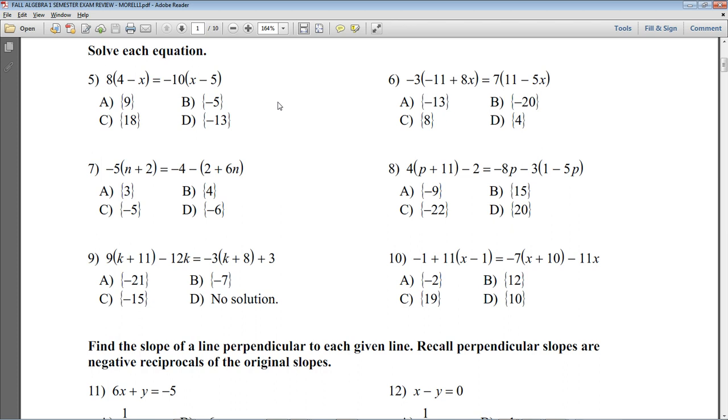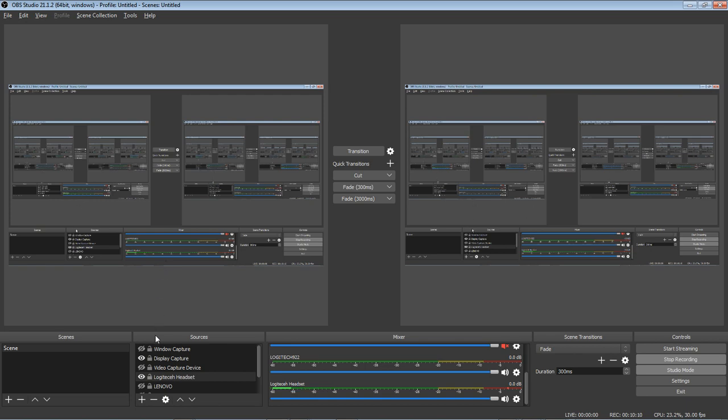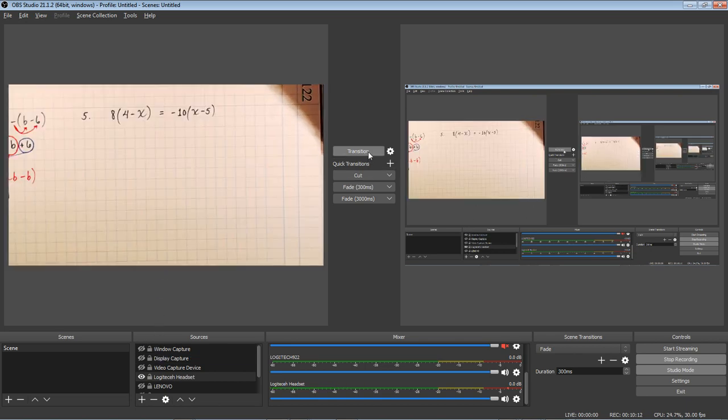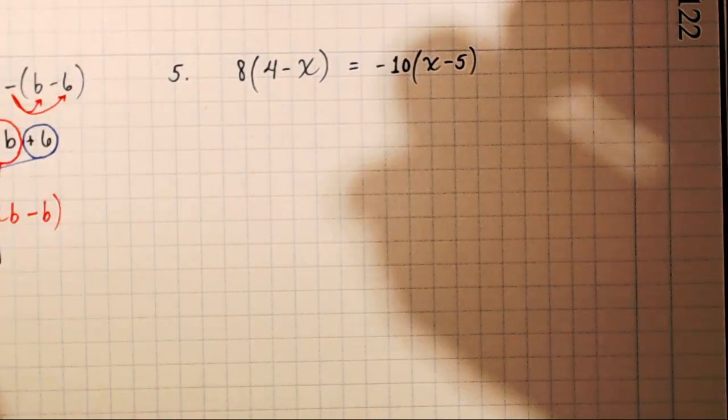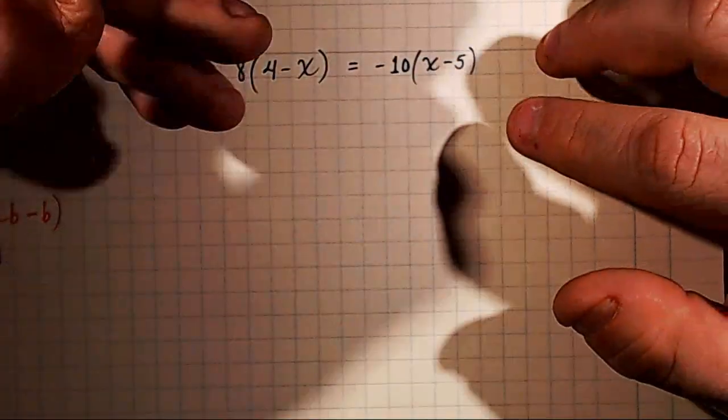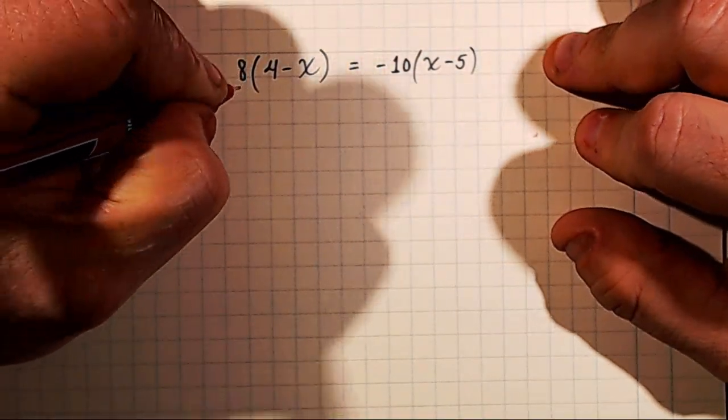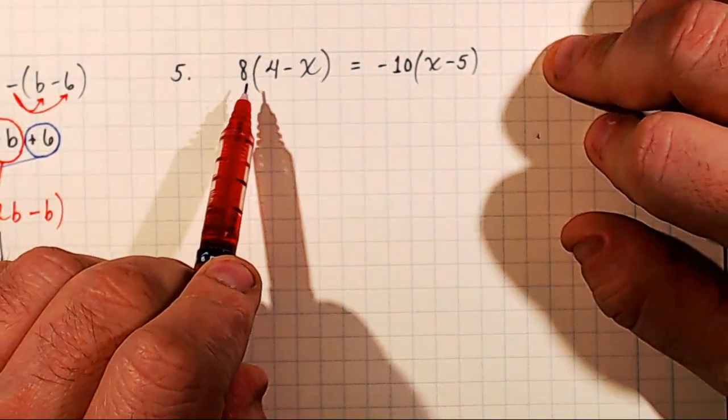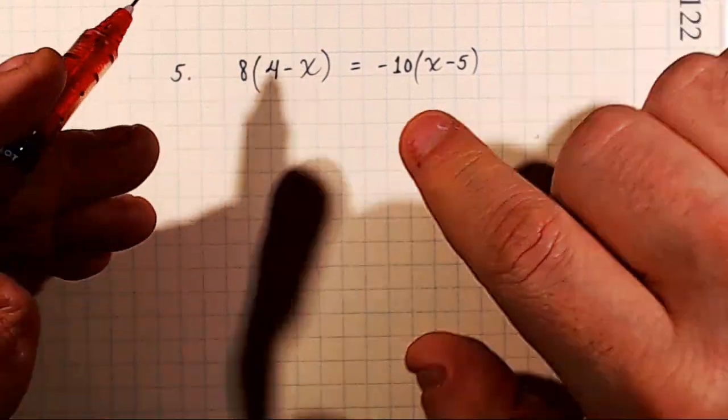Okay, so now to solve this equation, we'll go back to our work surface. And we've written out the equation. Once again, we're going to distribute the term that's next to the parenthetical expression.